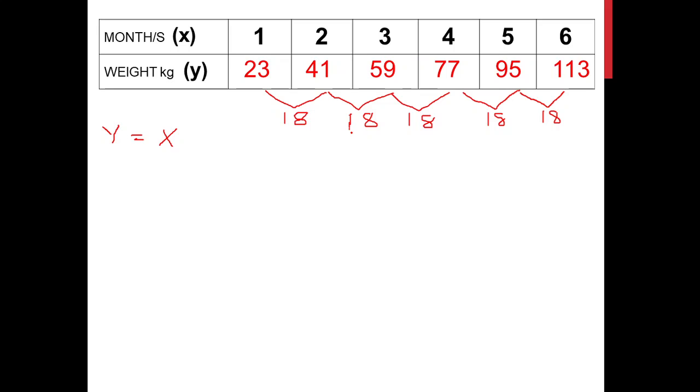Now again, since we have a common difference here, it means that our table of values is a linear function. And since the value here is 18, therefore we have our slope.